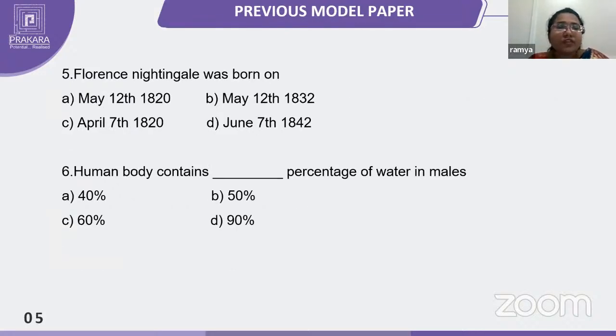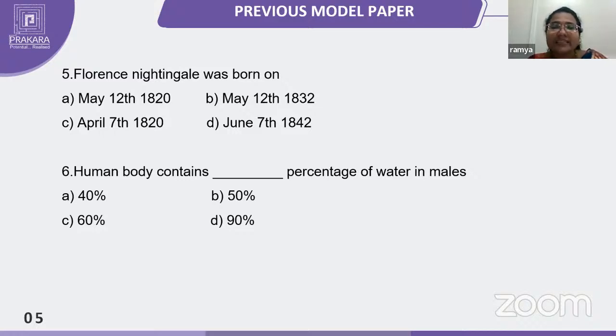Coming to the fifth question, Florence Nightingale was born on. They have given option A as May 12th, 1820, B as May 12th, 1832, C as April 7th, 1820, and D as June 7th, 1847. The birth date of Florence Nightingale is option A, May 12th, 1820.